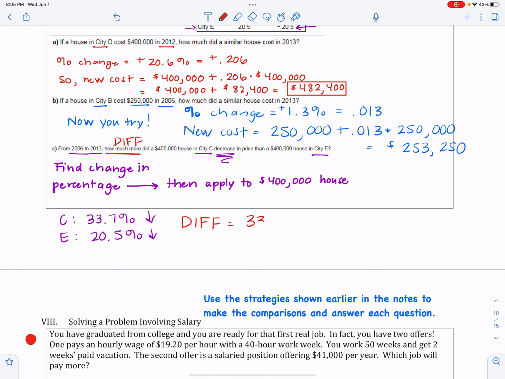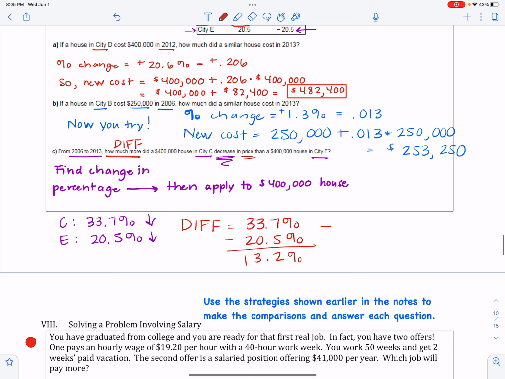So 33.7% minus 20.5% gives me a difference, which is what I'm looking at here, of 13.2%. Now, the question here is not asking me for a difference in the percentages, but it's asking me for a difference in the amount of money. How much more did a $400,000 house decrease in price?